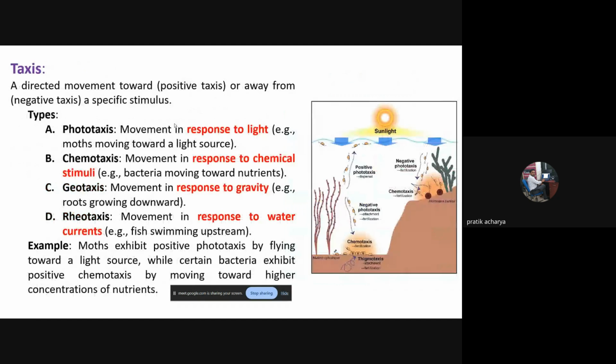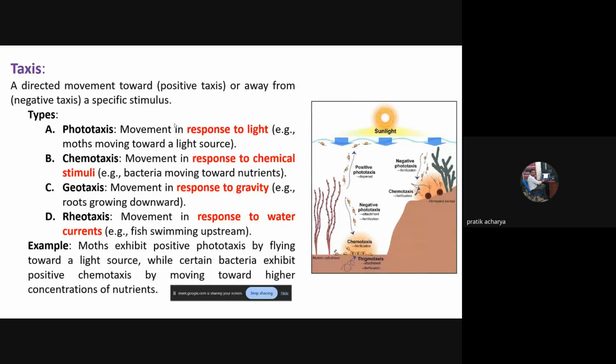After kinesis, we'll go for taxis. Taxis is the directional movement. Kinesis is the non-directional movement. Taxis is the directional movement. This is the pictorial presentation of taxis. So it is directed movement towards or away from the stimulus.